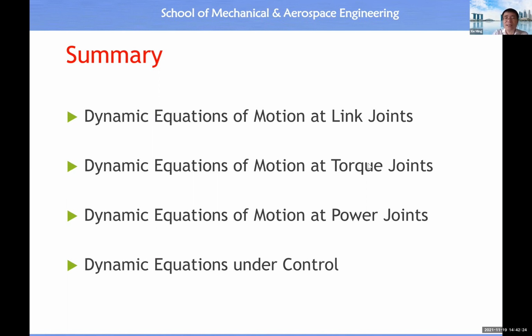Now with lecture 2 of module 4, you have a full picture about the dynamics of a robot under control. All right, so that's all for lecture 2, and I'm looking forward to seeing you in the study of lecture 3.